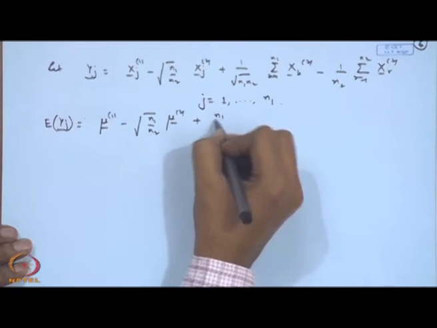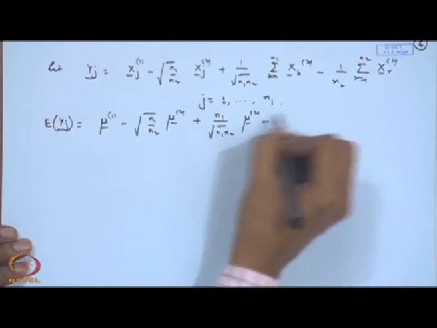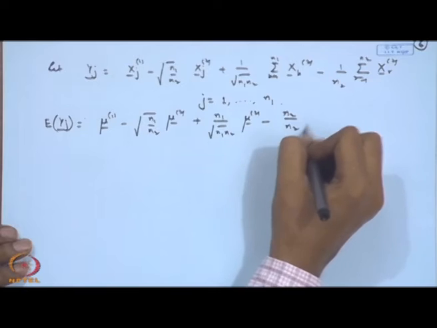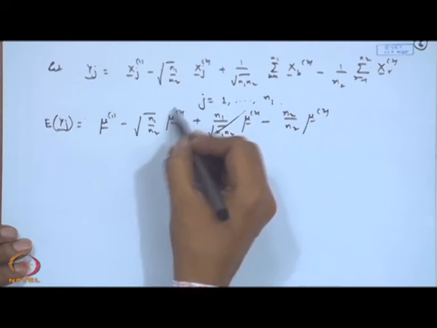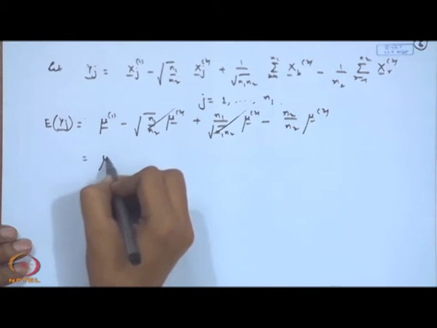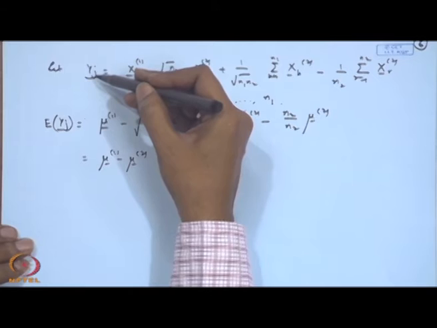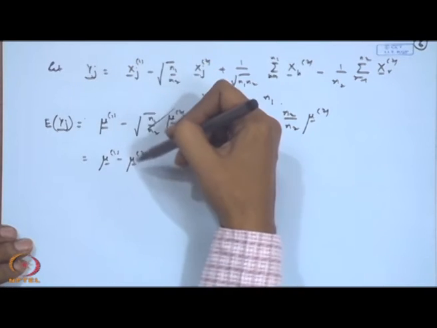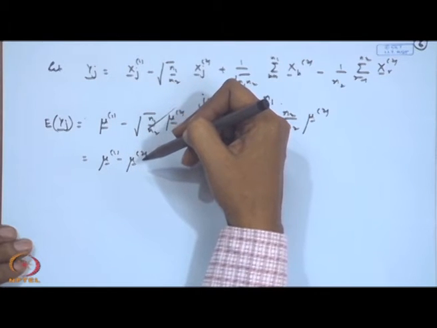So, it becomes n_1 by root n_1 n_2 mu_2, minus n_2 by n_2 mu_2. You look at these terms here, this term will simply get cancelled out. So, we are actually getting mu_1 minus mu_2. That means, if we base our test on the mean of the y_j's, then it will be able to test about equality of mu_1 and mu_2.